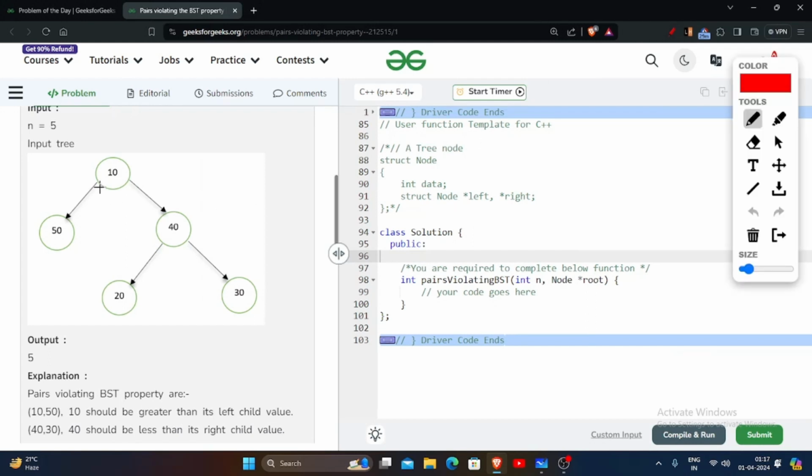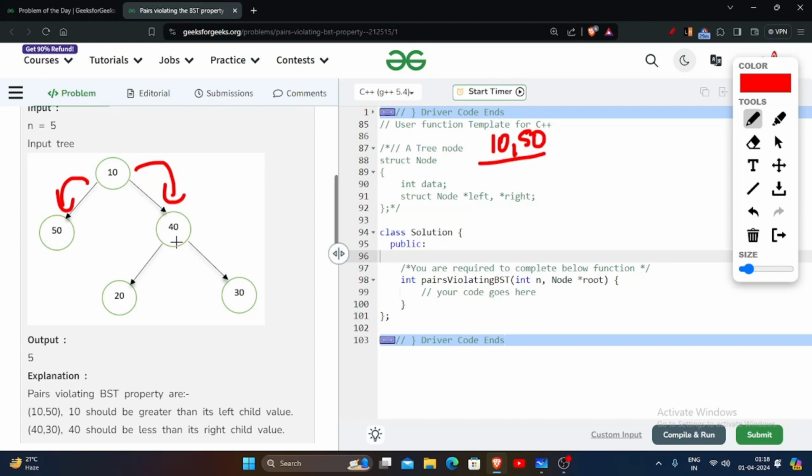So 10. Now you can see 10. Values should be less than 10 on its left subtree. But here is 50. That means 10 and 50 is a violation. Now, 10 and 40 looks fine. 10 and 20 looks fine because on the right subtree 20 is larger. 10 and 30 is also fine because on the right it has to be larger.